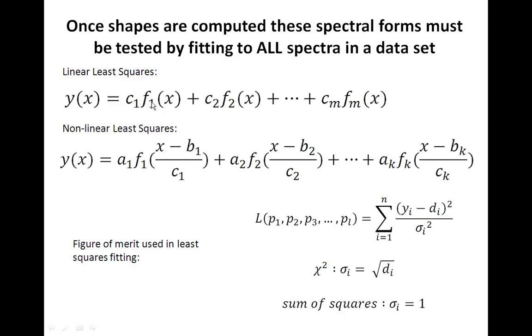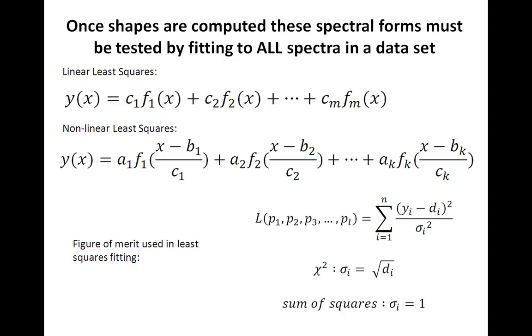So in this example here I've got m curves, each one is represented by a function, and they're all scaled by these coefficients that are determined in a linear least squares sense. Now this is significant because the data has been used to calculate these shapes, so if done correctly then a linear least squares fit works very well.